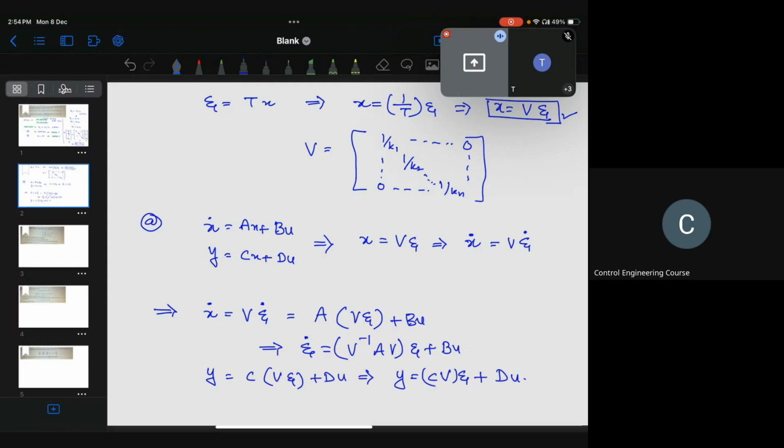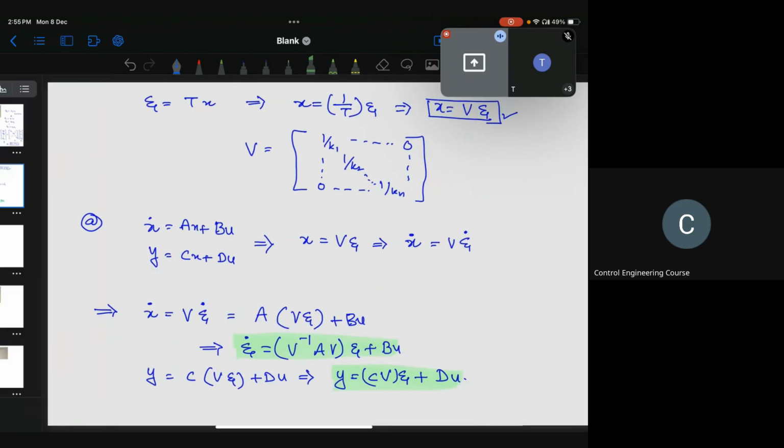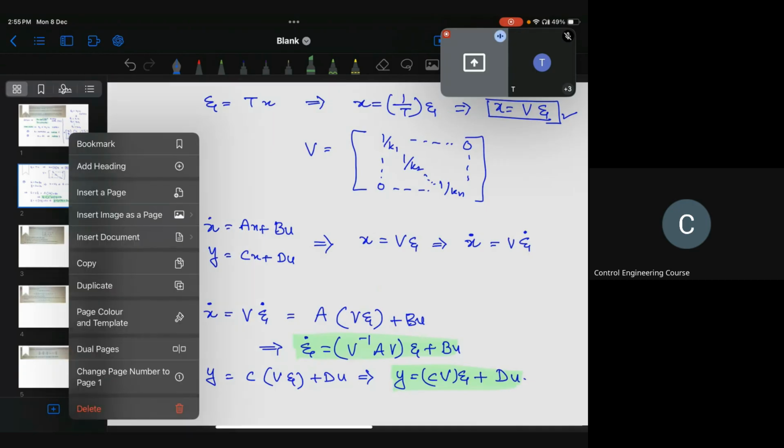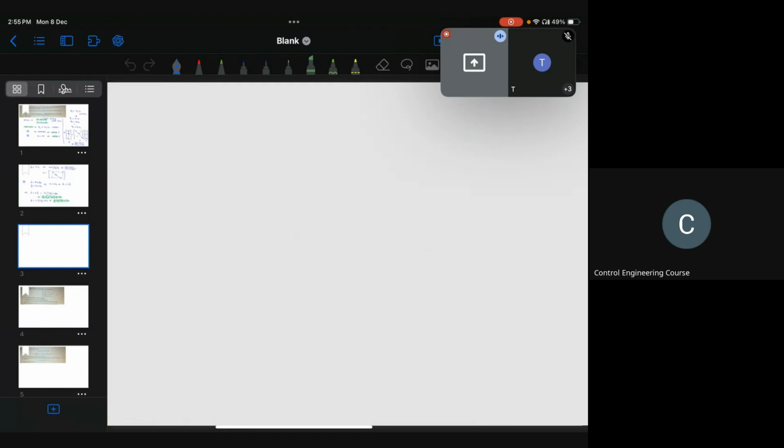Now you look at the two equations. This is our first equation, and this is our second equation. These two represent the state equations in zeta dot.